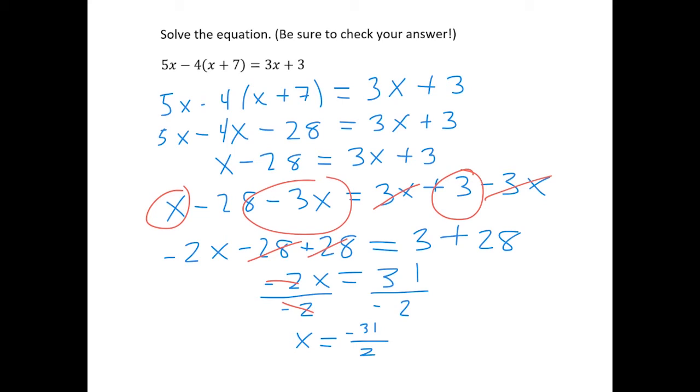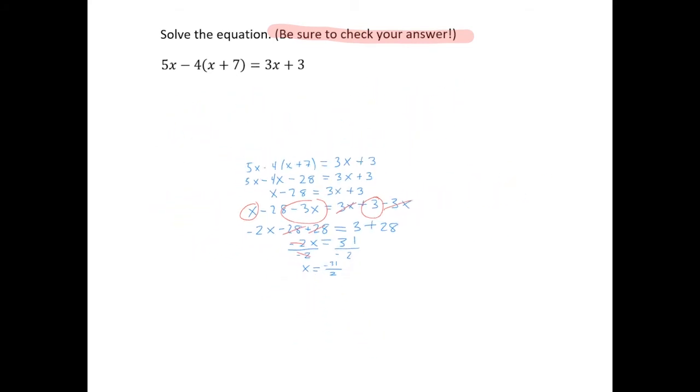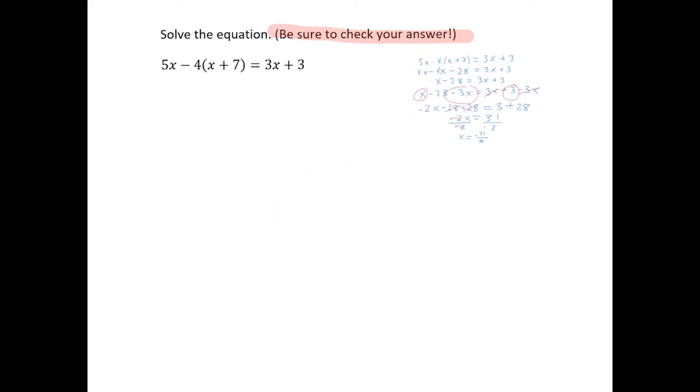So now we're not finished, because remember, it is always important to check your answer. So that's what we're going to do now. We're going to check the answer to make sure that we didn't make any mistakes. So to check the answer, we're going to need some more room. So let's take this and move it all up to the side.